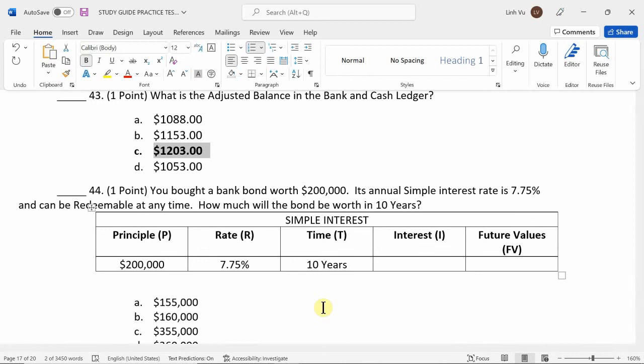So number 44. You bought a bank bond worth $200,000 with an annual simple interest rate of 7.75%, and it can be redeemable at any time. How much will the bank bond be worth in 10 years?